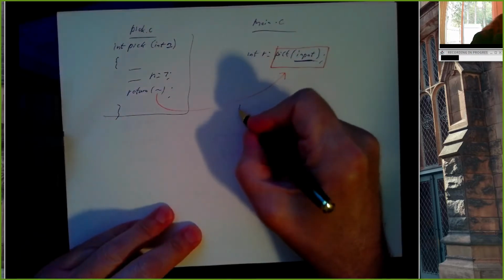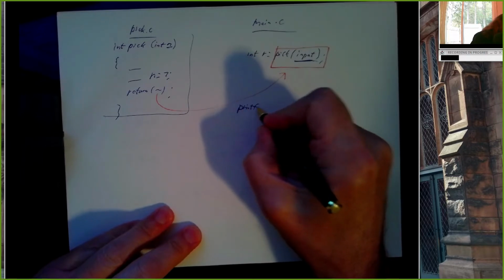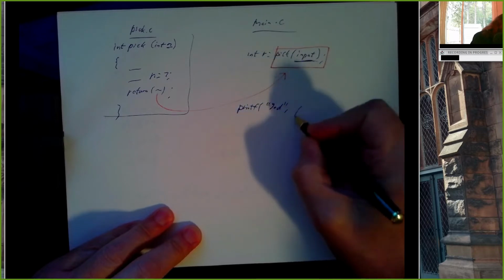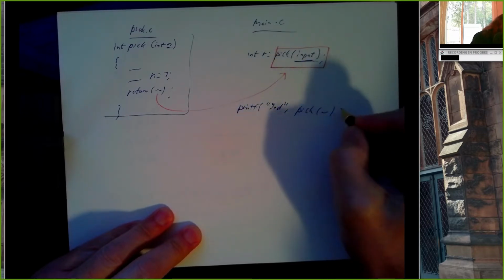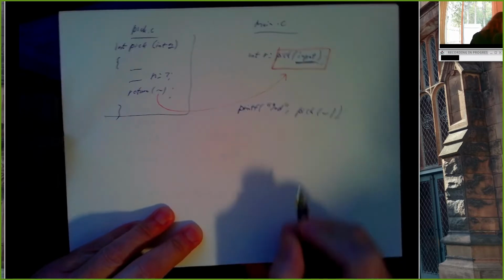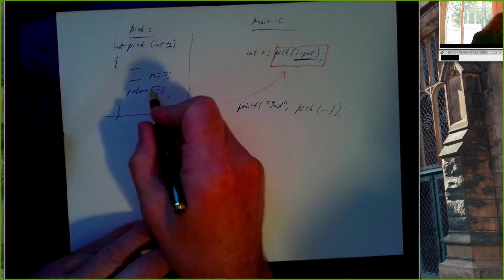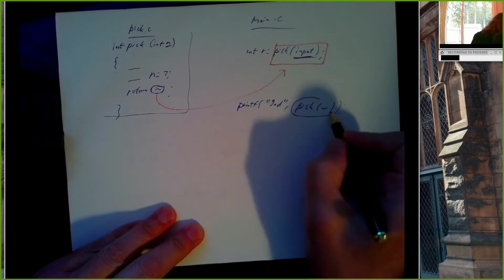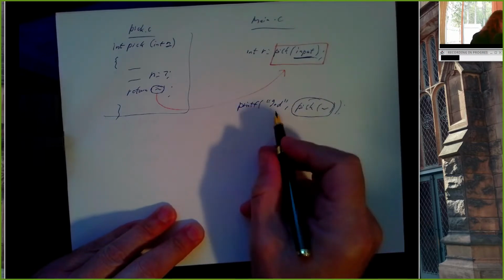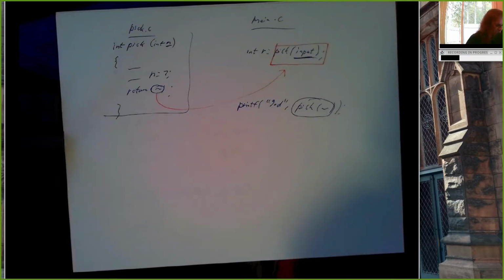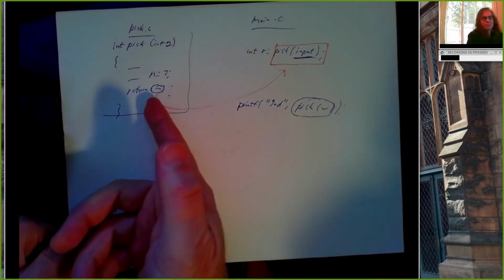If your main program did something like printf %d pick something, same thing: this value gets loaded into n, the code executes, whatever it returns becomes the value of this, and so now it becomes printf quote %d unquote comma some integer. What integer? Whichever one this function returned.